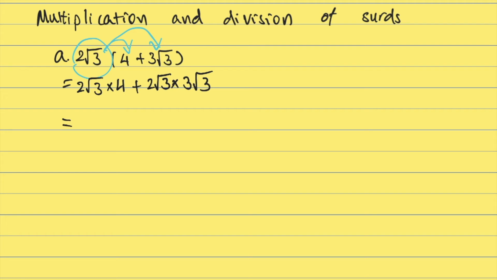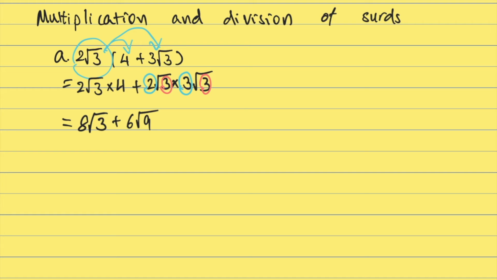That equals 2 times 4, which is 8 square root 3. And by using the rule before, we get 6 times square root 9, because the numbers outside the square root are 2 times 3, which is 6, and the numbers under the square root are 3 times 3, which equals 9.